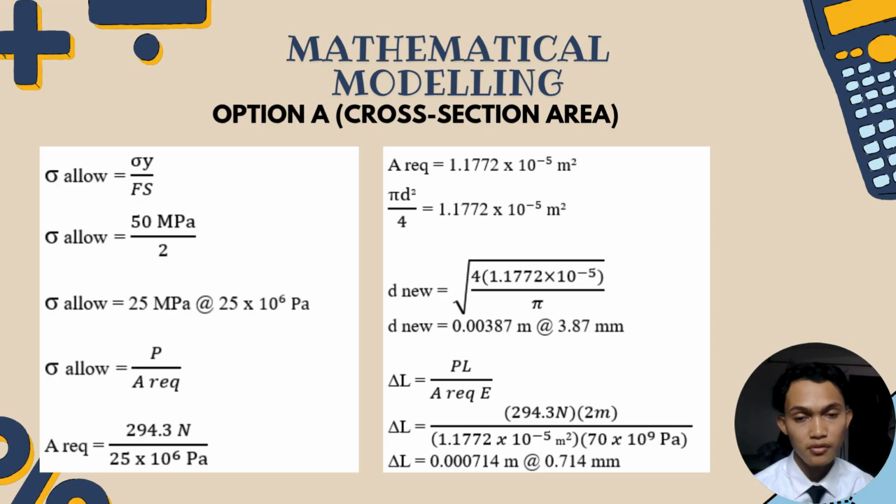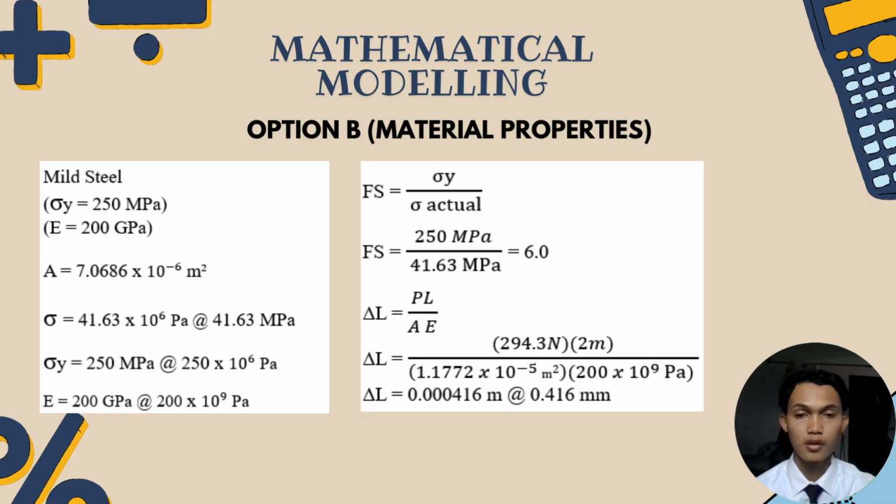When we identify the elongation of the material using the formula delta L equal PL over A required times E, we get delta L is 0.714 millimeter. For option B, we modify the material properties. We choose mild steel with sigma yield of 250 megapascal and elasticity of 200 gigapascal.